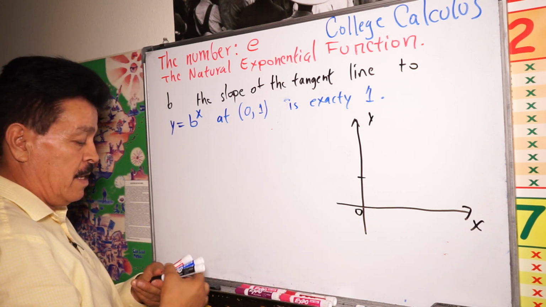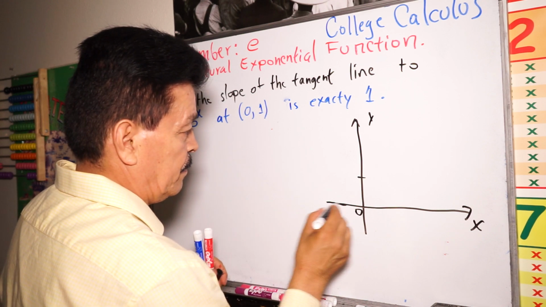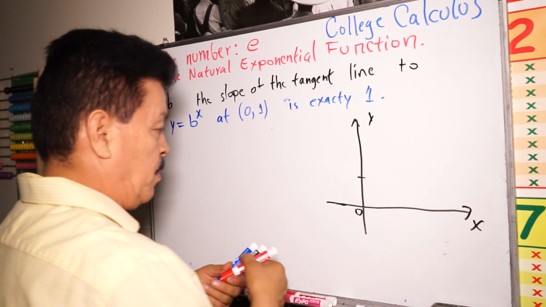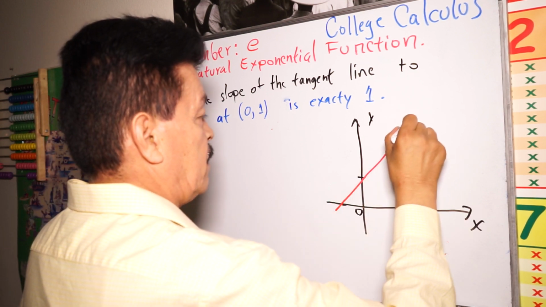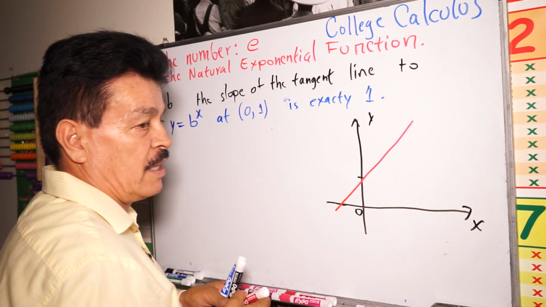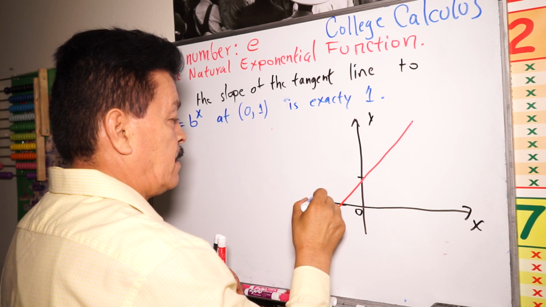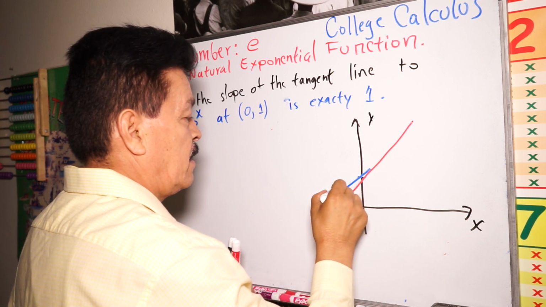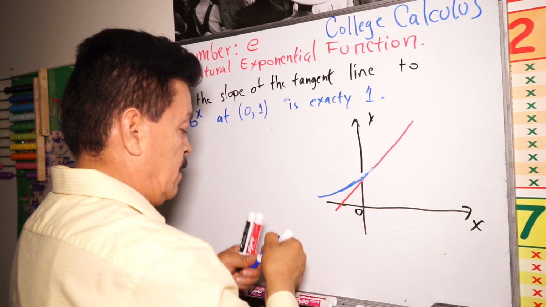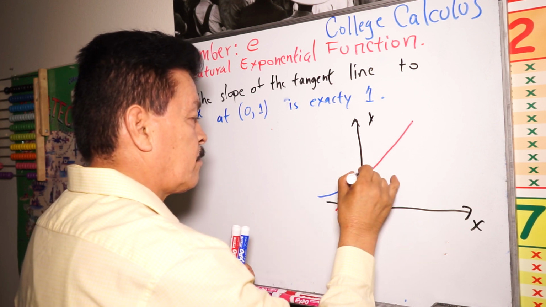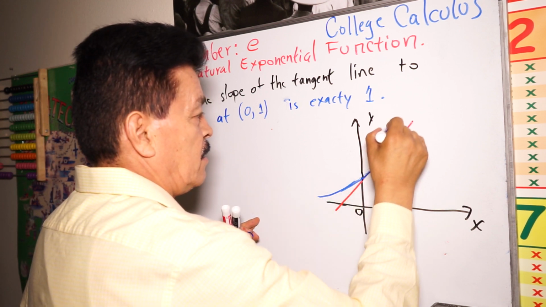Then you have some points, right, like this. Let's do the graph right here.